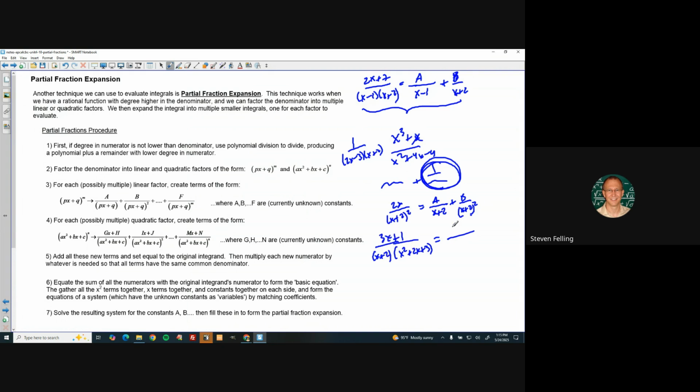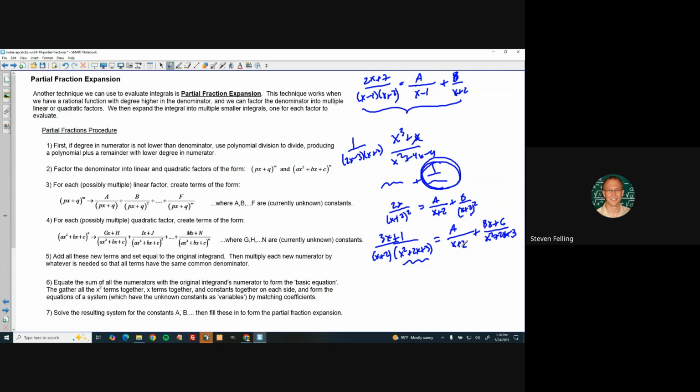This linear factor would get its own constant over x plus 2. But to handle a quadratic factor, you have to put one degree lower. So if this is x squared plus 2x plus 3, you have to put Bx plus C. So basically on the top of the fraction for that factor, you have one degree lower polynomial with constants for all of the multipliers of the variables.